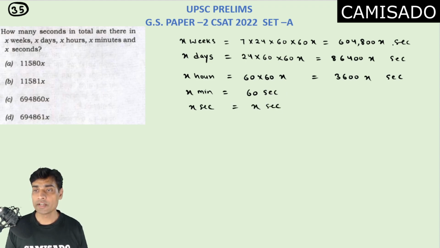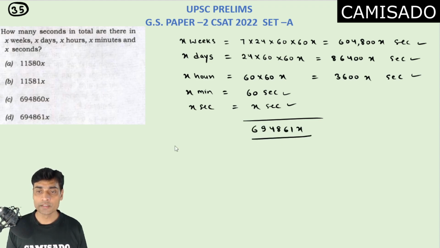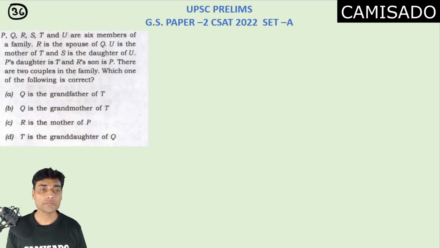So we will add all these 5 values, that will be your final answer, and when we add up you will get 694,861x. These will be the total seconds required here. So this is your answer.